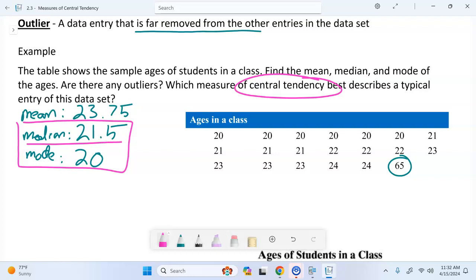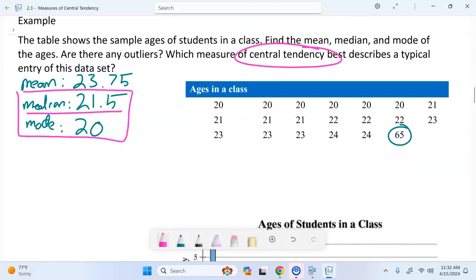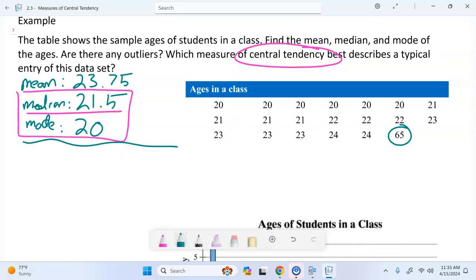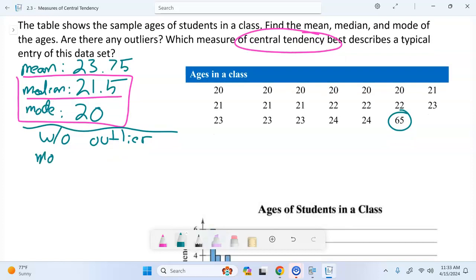Now, a lot of stuff was thrown off by the outlier, okay? Well, let's recalculate mean, median, mode without the outlier. Our mean, instead of being 475 divided by 20, becomes 410 divided by 19.